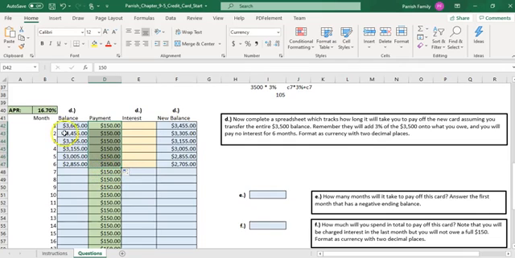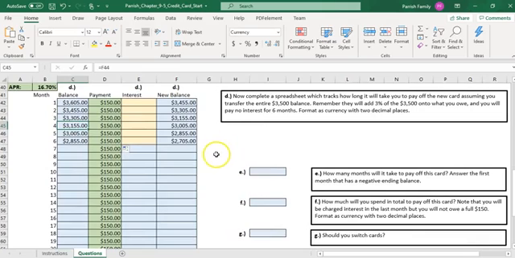So 36 minus 150 is 34, and then 34 minus 150 is 33, and 33 minus 150 is 31. So we should end up with these numbers as we go down. I had accidentally gotten my 3% in these, and I didn't want that.